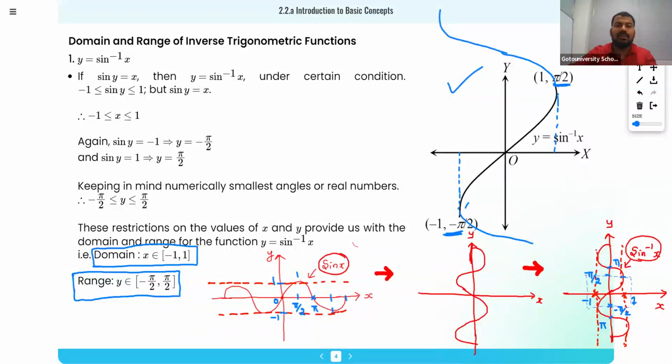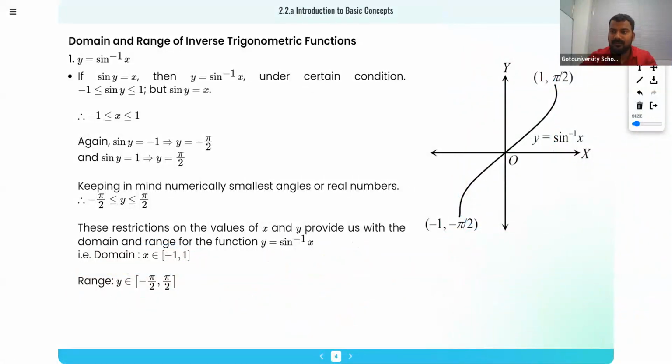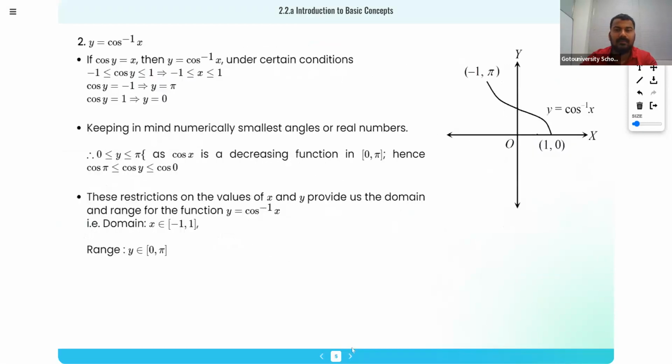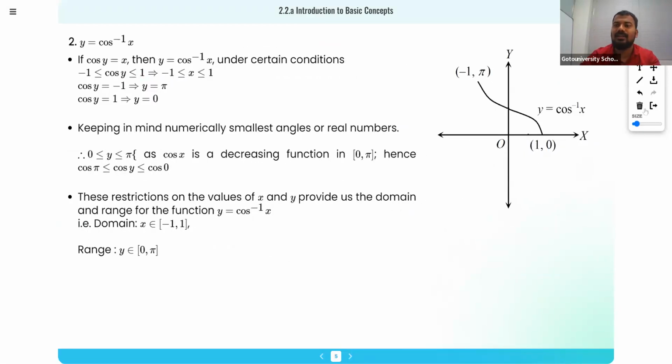So now we can apply the same thing and we can move it to the next one, that is nothing but cos. Yes, you can see cos inverse here. So I'll draw one more diagram for cos here, the basic diagram and the final one. I'll not keep on drawing all the alterations here. The basic diagram of cos.